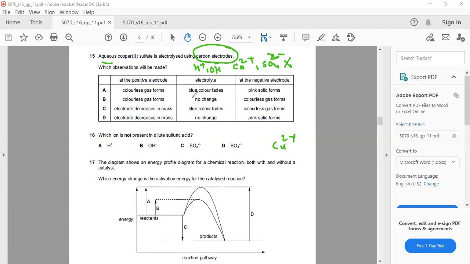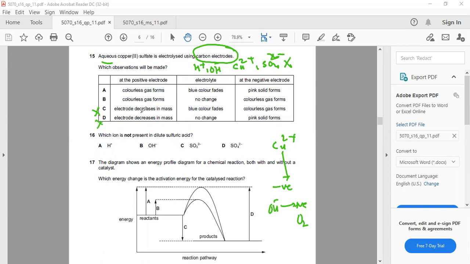So copper will discharge at the negative electrode, the cathode, and OH ion will discharge at the positive electrode, forming oxygen gas at the anode.